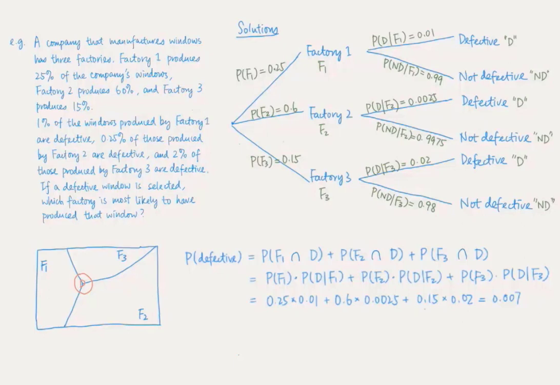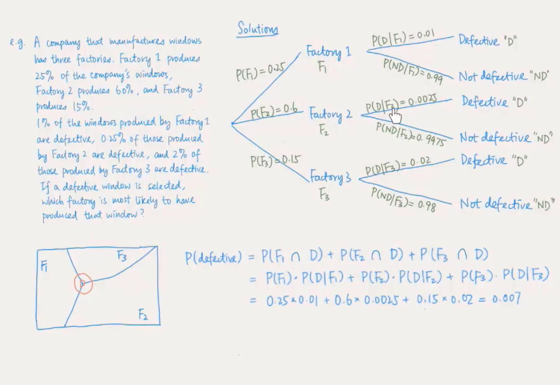We use D to represent windows that are defective and ND to represent non-defective windows. According to the question, given that the window is produced by factory 1, the chance that it is defective is 1%. Therefore, the complement, that the window is non-defective given factory 1, is 1 minus 0.01, which gives 0.99.